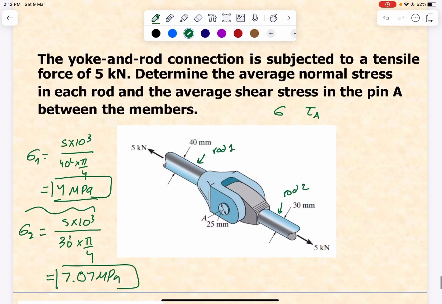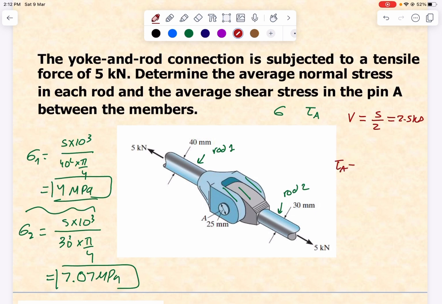Now for the shear stress in pin A, we have double shear, because as you see 1, 2, 3 plates, or 3 areas that are resisting sliding. So the V, or the shear force, is going to be equal to half of the force, which is 5/2, so that is 2.5 kilonewtons.